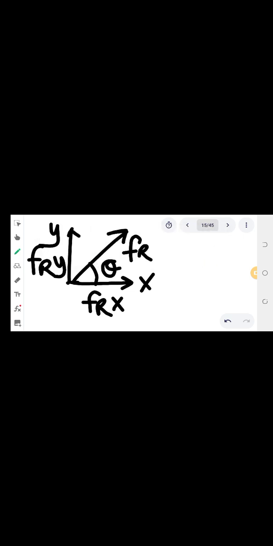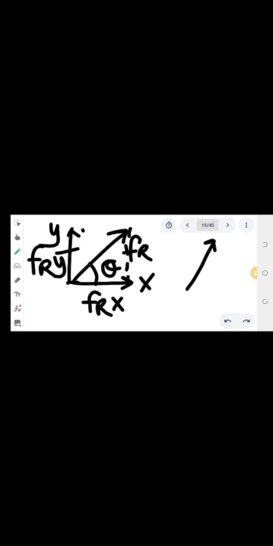The angle theta that we are talking about is that. So in this case, to come up with a resultant force using this method, we know that this line here is parallel to this line that I'm drawing here. If it is parallel, then what is in this line is the same as what is in this line.